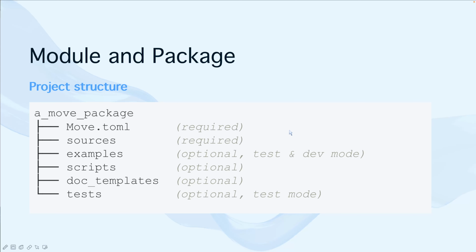The scripts directory will always be included for compilation if it's present. Documentation will be built using any documentation templates present in the doc_templates directory. And the last one is tests. If you have any unit tests or more tests, you can also include them.